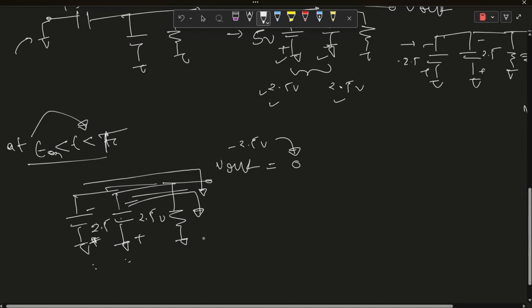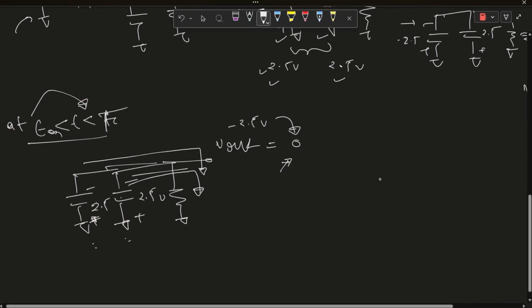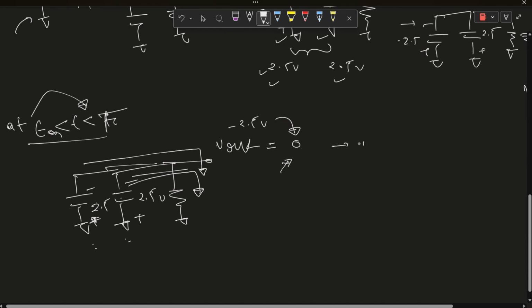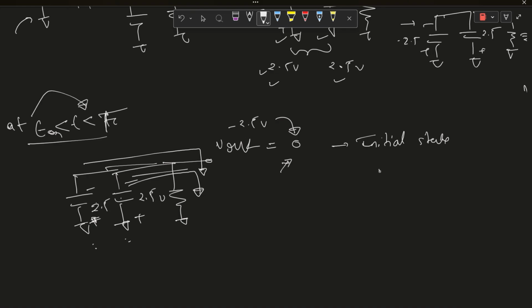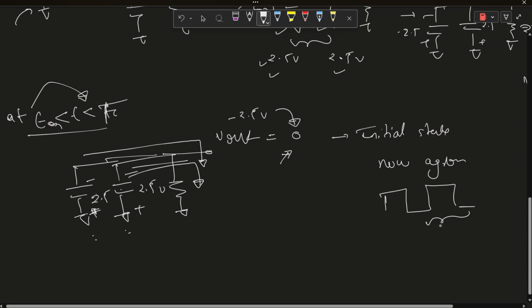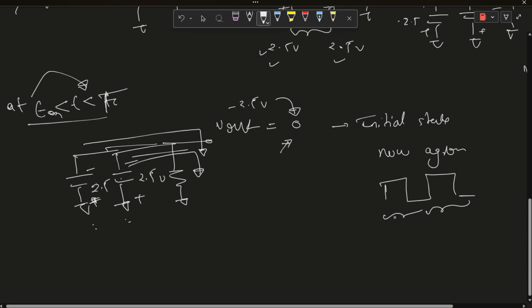The capacitor discharges and reaches the zero state, and the overall circuit reaches the initial state. Now again the cycle continues with another pulse, another time period, another pulse.